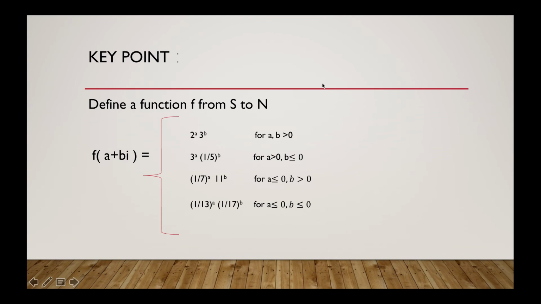So for each case, a and b are unique, and we know that a natural number can be written as a prime factorization, and so for each case, the result can never equal the result in another case.